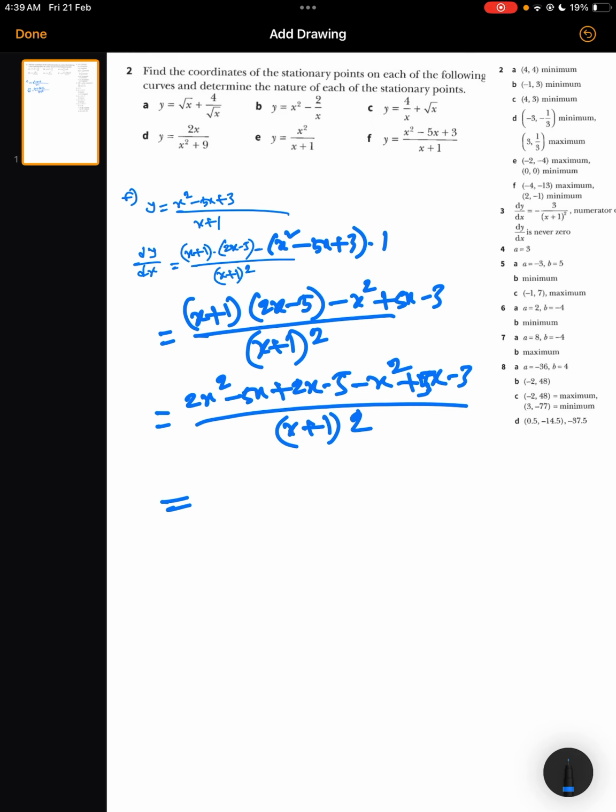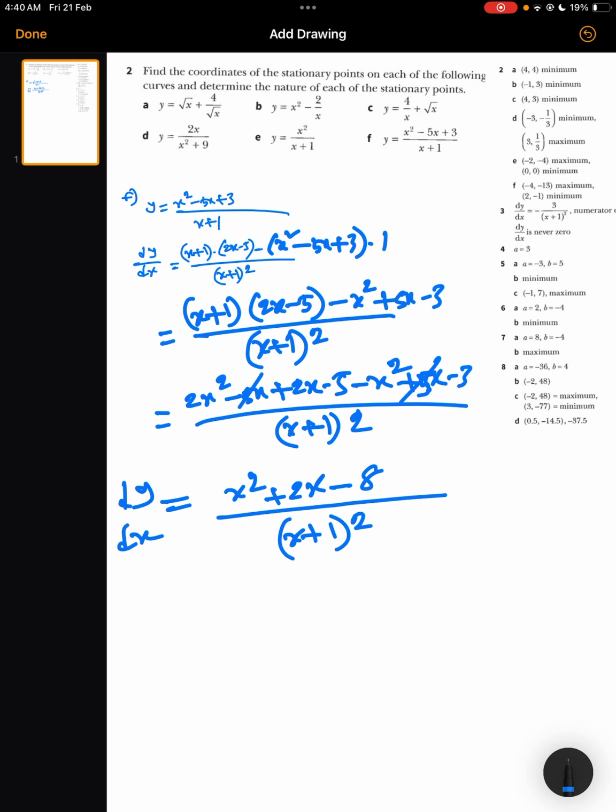From here this cancels out, this is 5, this is 3, right? Okay, so x squared plus 2x minus 8 over (x plus 1) whole square, d/dx of this thing.